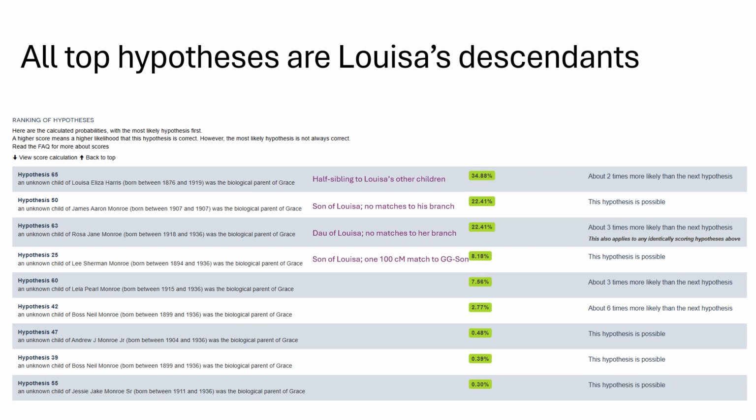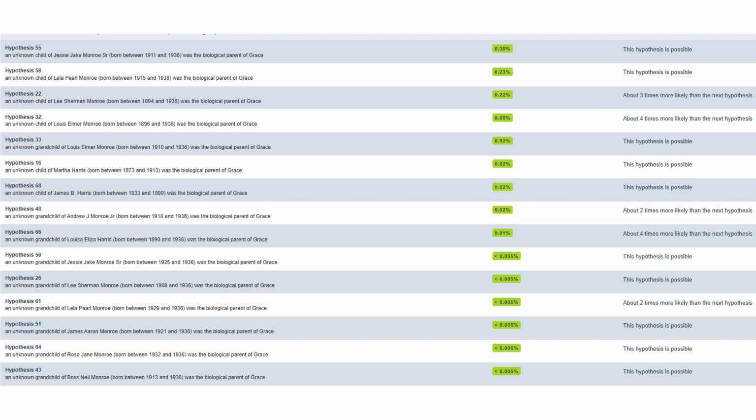Now going down all of these other hypotheses here are through different descendants of Louisa in the Monroe family. And even as I scroll down even further, the rest of these hypotheses are also still within the Monroe family, except for hypothesis 16, an unknown child of Martha Harris, so one of the siblings of Louisa.